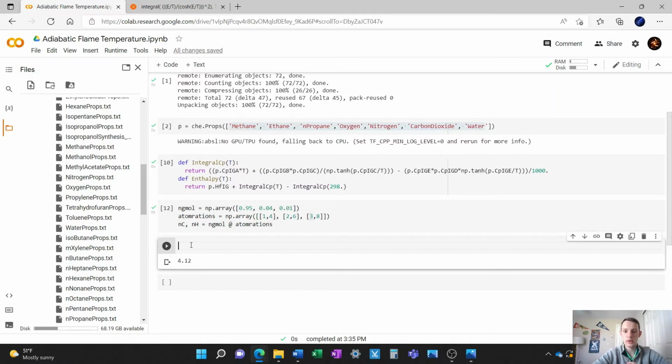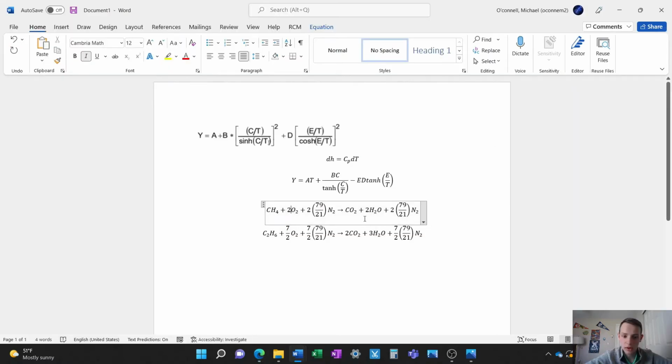Now, what do we need to do next? The next thing we need to do is figure out the number of moles of our other components. And this is where I'm going to refer to the 2 balanced chemical equations that I typed out and the ones that I wrote on the board earlier. I'm going to use these 2 balanced equations to demonstrate this.